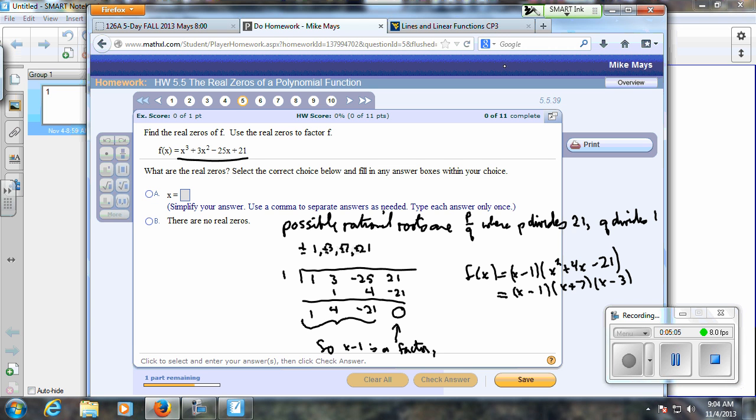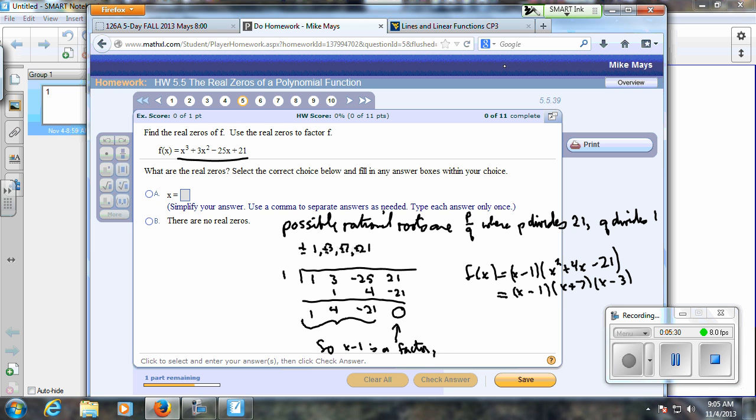You can multiply that out to make sure that's right. FOIL x plus 7 times x minus 3 to get x squared plus 7x minus 3x is plus 4x minus 21. And in fact, it's nice to realize that if I had started with a different possible rational root than 1, I might have succeeded anyway.